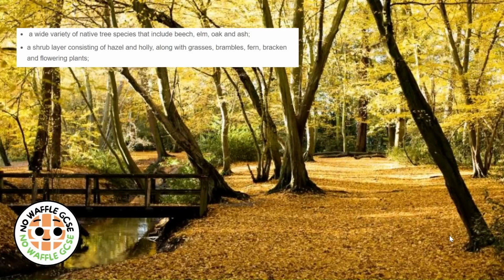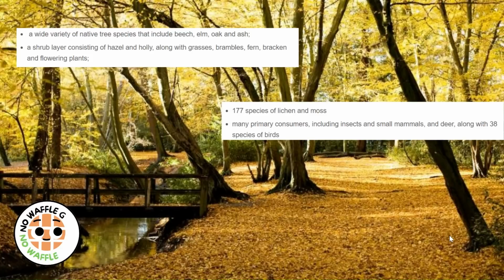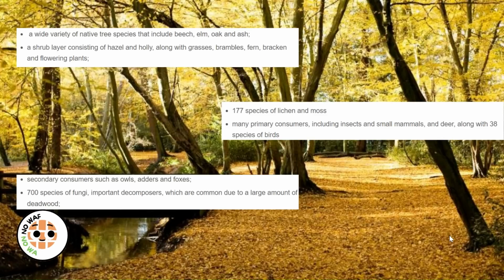Remember, for this example, you need to be really aware of the different types of wildlife. There's 177 different species of lichen and moss. There's a lot of primary consumers like insects, small mammals, deer. There's 38 different species of birds. There's secondary consumers such as owls, adders, and foxes.